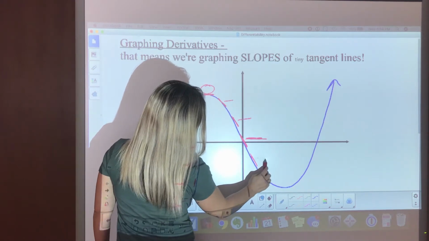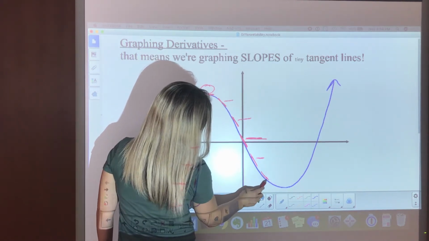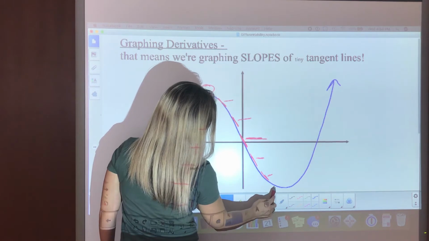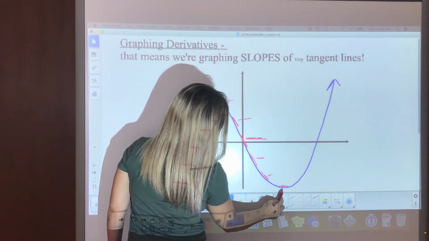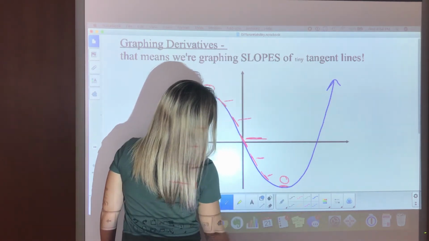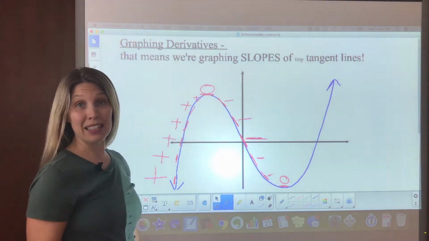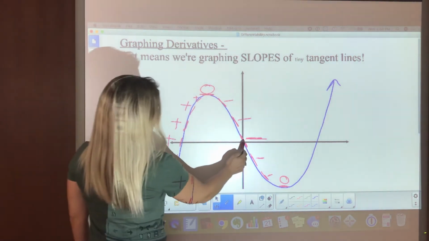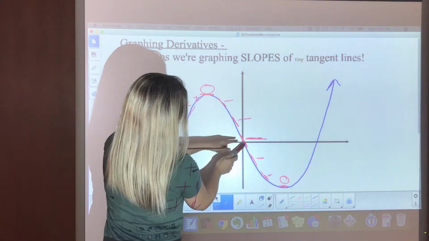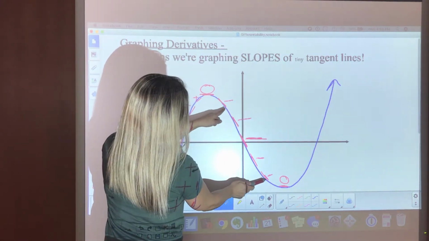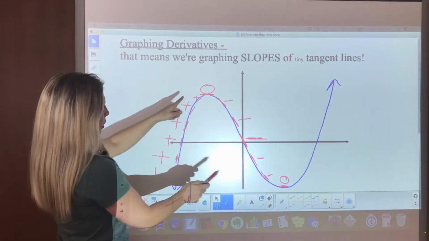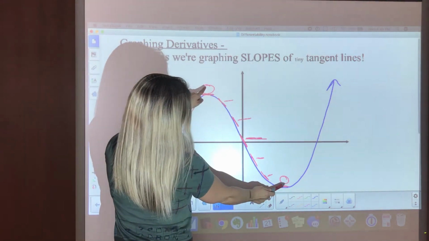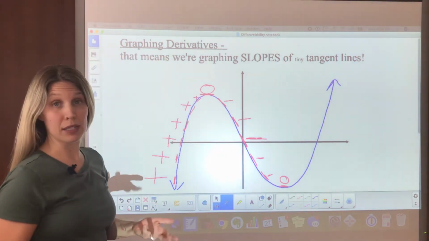Then he's getting a little less steep. He's also still negative, getting a little less steep. And then notice what happens here. Again, we have a horizontal slope, which means that's zero. So notice it gets steeper in the center here, but then the negative slopes get a little smaller, right, coming to and from zero, which should make sense.